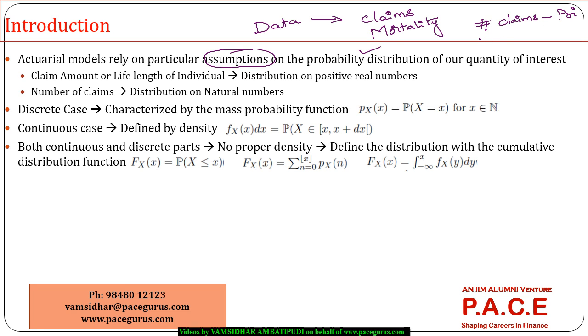Or when I'm talking about the claim amount, the severity of the claim, probably someone says it follows a Weibull distribution or a gamma distribution. So we are making some kind of assumptions regarding the probability distribution of the various elements that we want to track, right?